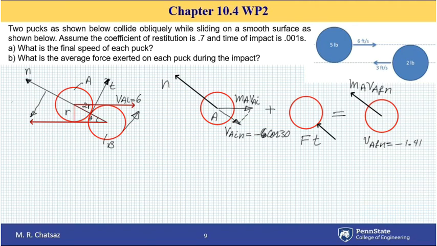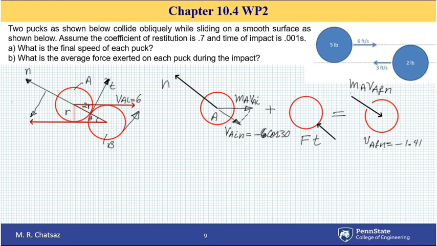I've shown it in positive direction, but in reality it goes left. So maybe I should have shown it the way it is really acting. So this vector is really going in this direction. So I show it as it is really acting.